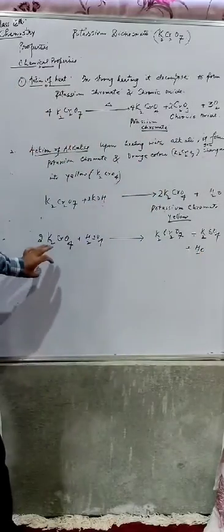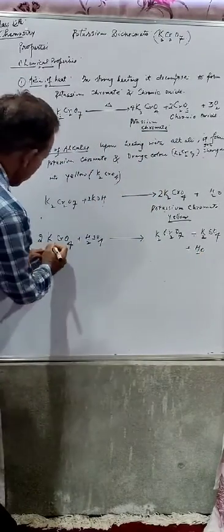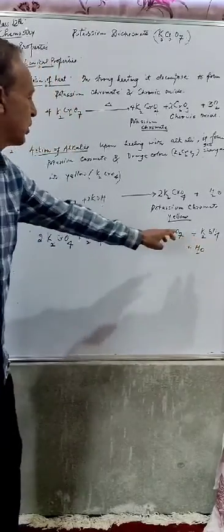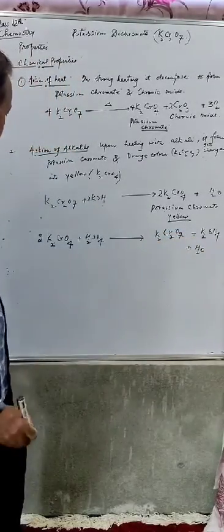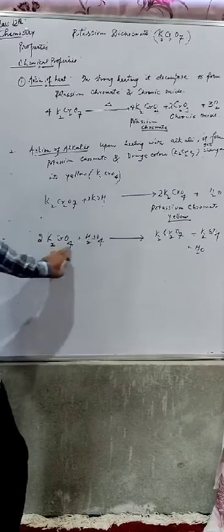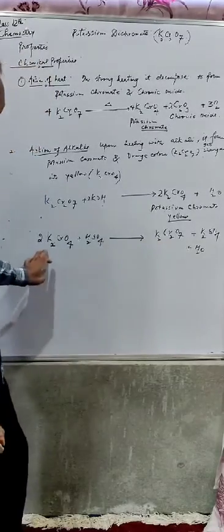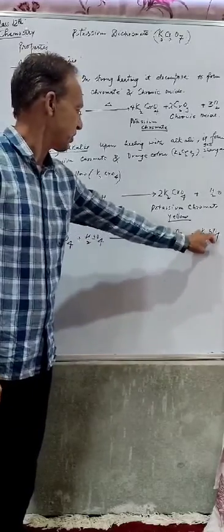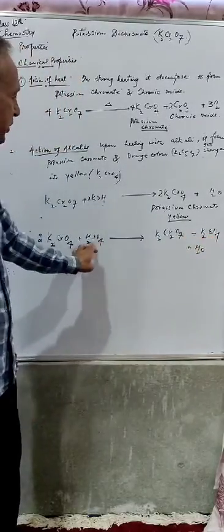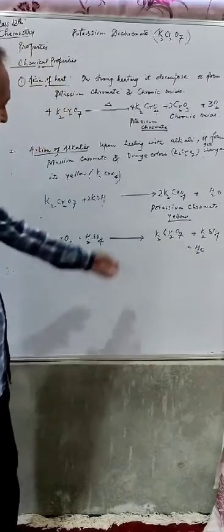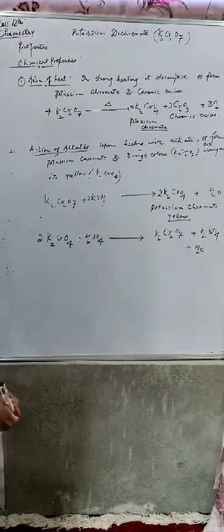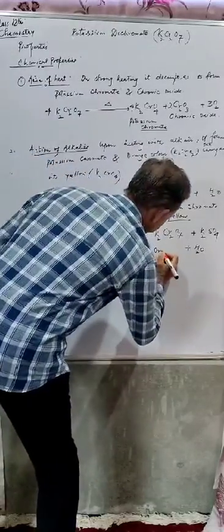You see the reaction gets balanced. Here K is 4 times, chromium 2 times, oxygen 8 times, 7 times and 1, 8 times, sulfate 1, hydrogen 2. So again this yellow color gets changed into orange.